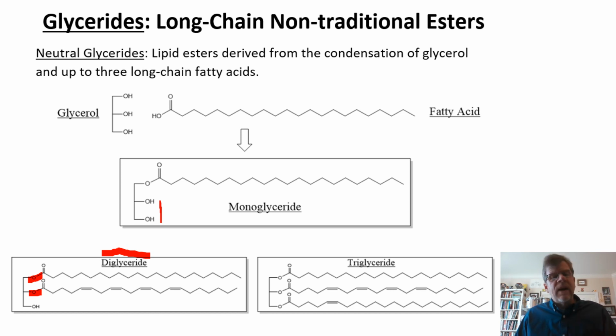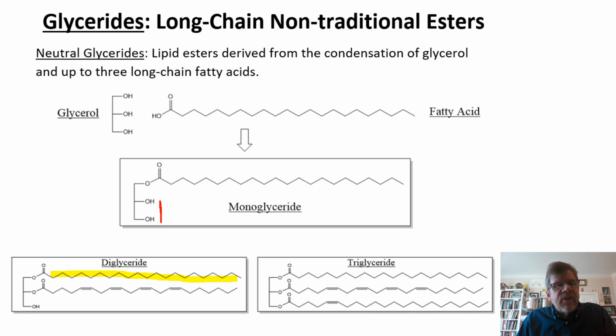We have 2 ester groups. Again, they have to be long-chain fatty acids. We would have a diglyceride. Notice, again, in this diglyceride, I'm using representative molecules. This one on top here happens to be a saturated fatty acid of a particular carbon number. Doesn't have to be saturated, doesn't have to be that particular carbon number.